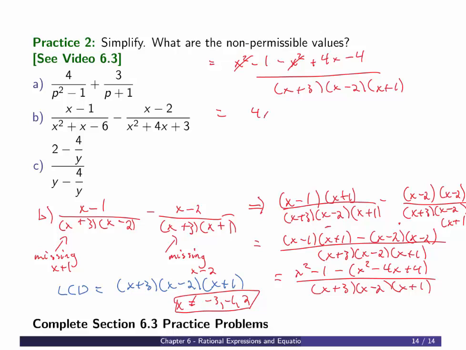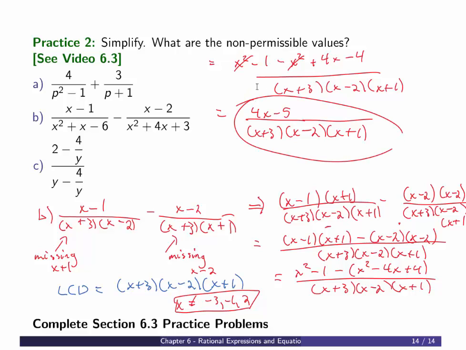And what we're left with is 4x minus 5 on the top and multiplied by all this denominator. Okay? And I think we can stop there. Okay. We can stop there.